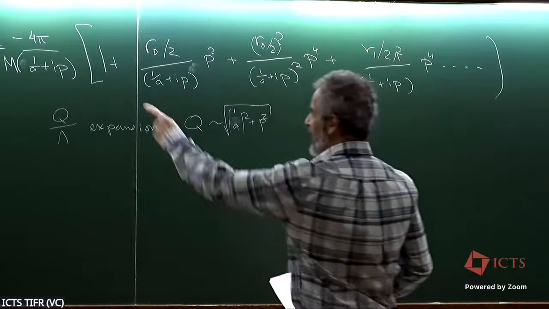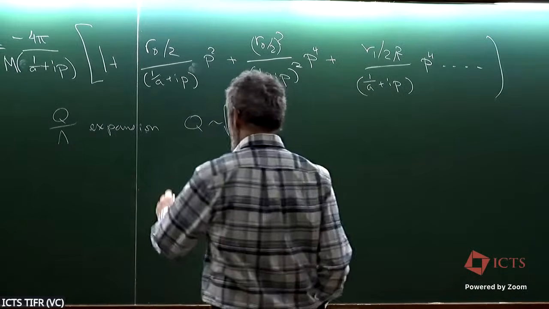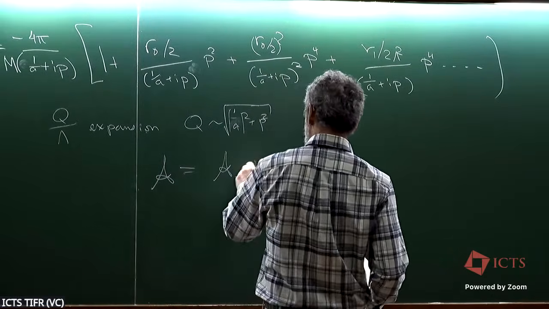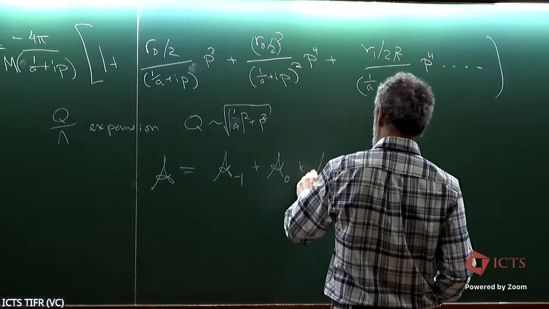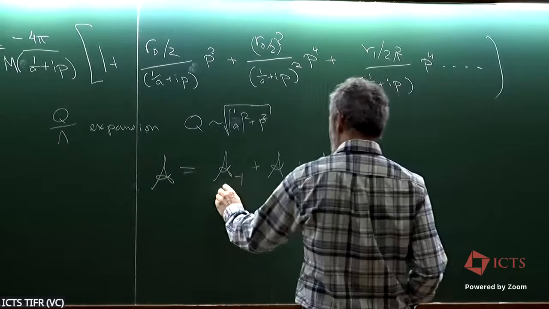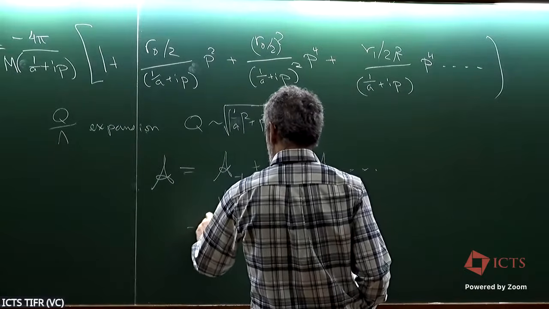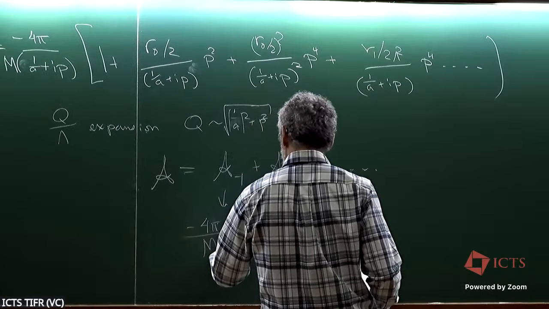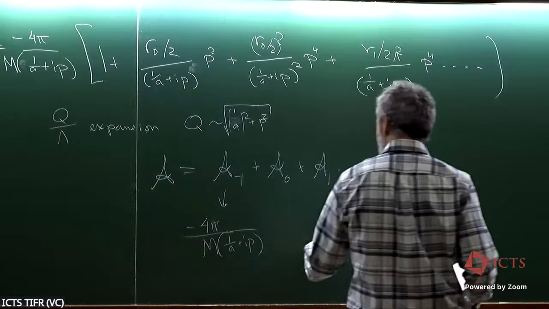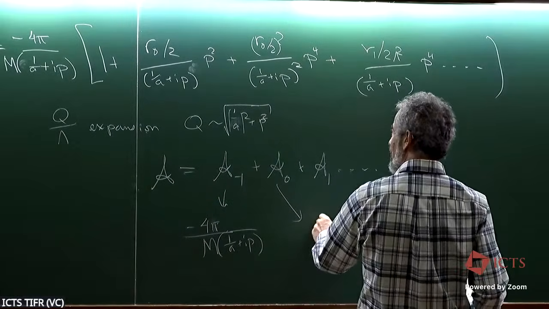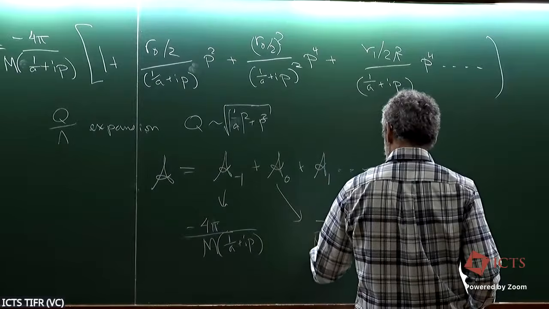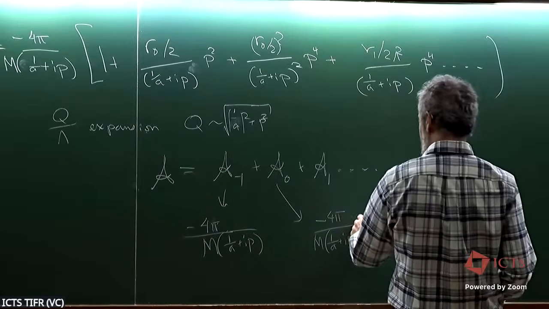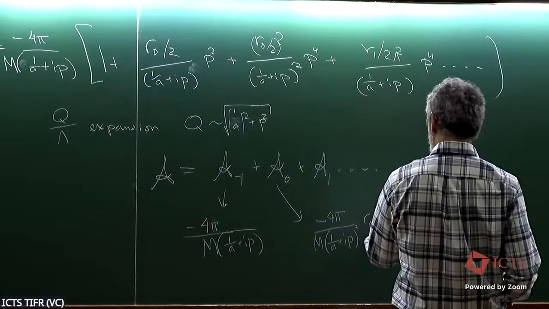In that case, then we'd have to call the leading term A minus 1, where A minus 1 is minus 4 pi over M times 1 over A plus IP. A0 is minus 4 pi over M 1 over A plus IP squared times R naught over 2P squared.